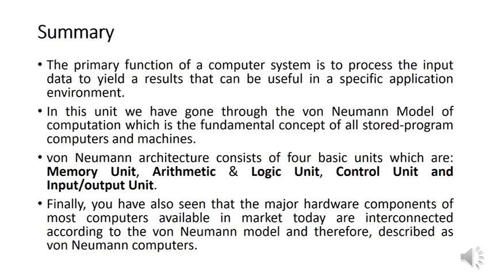These are the four key units inside the von Neumann architecture. Finally, you have also seen that the major hardware components of most computers available in the market today are interconnected according to the von Neumann model, and are therefore described as von Neumann computers.